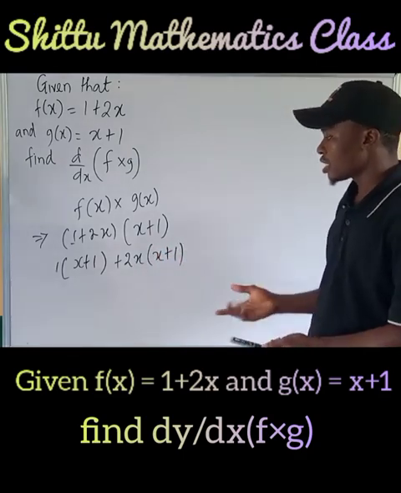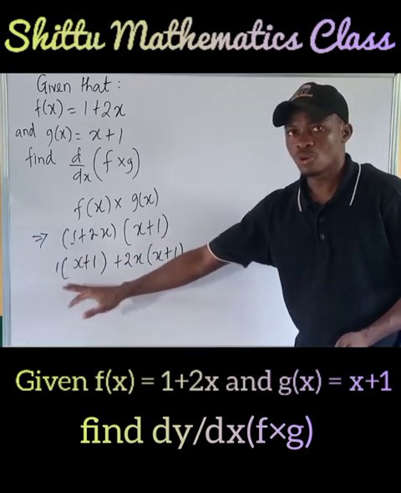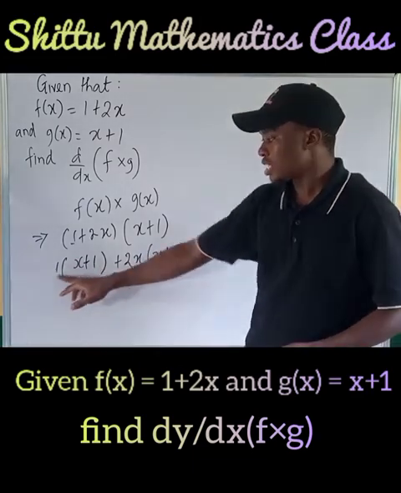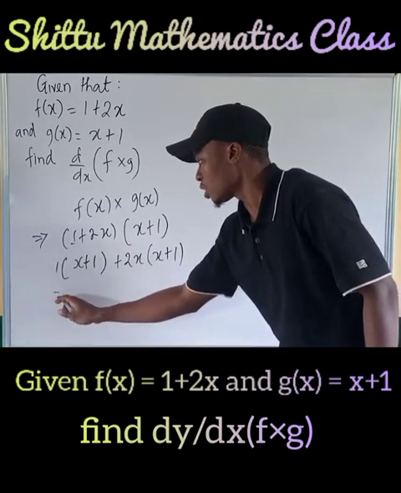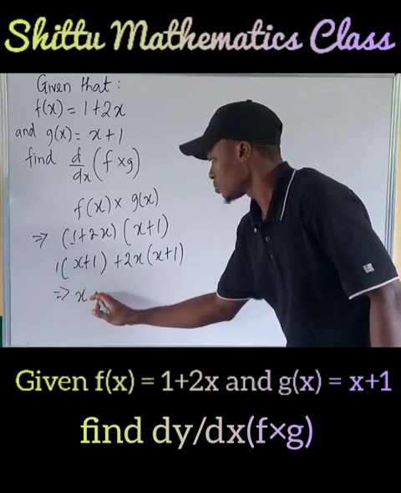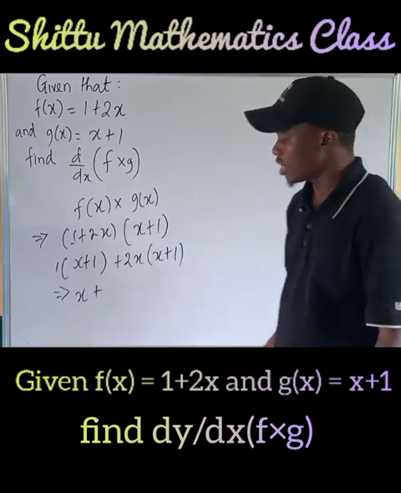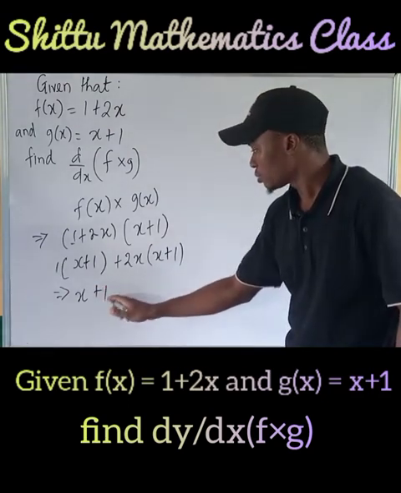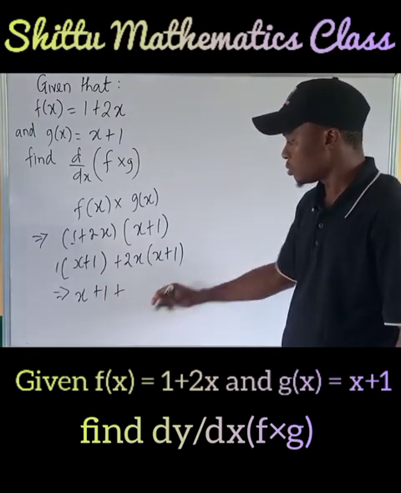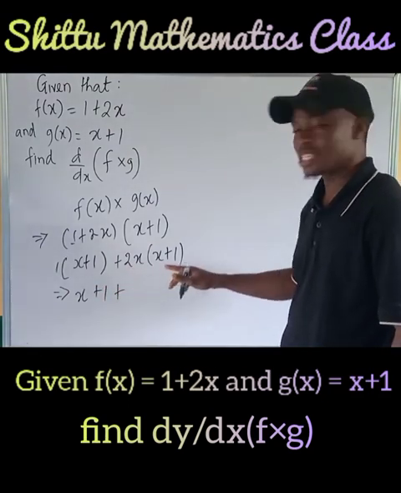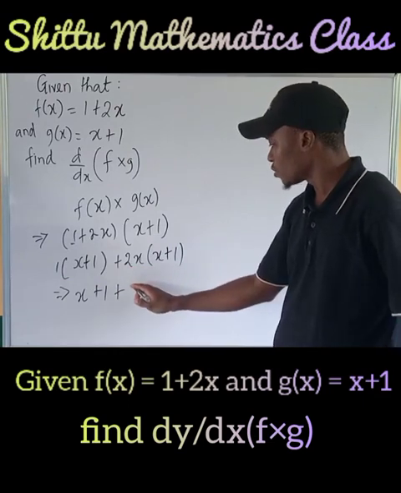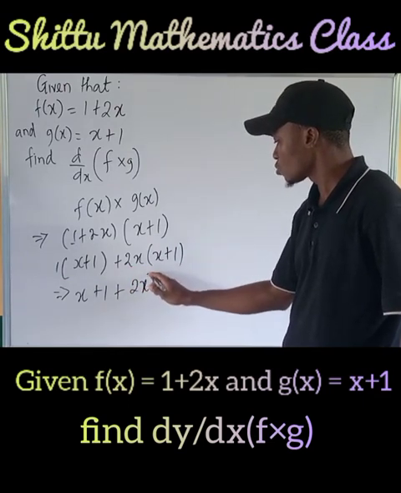So now from here, the next thing is to open the bracket. 1 times x, we are going to have x here, plus 1 times 1, we have 1. Plus, we open the bracket here, 2x times x, we have 2x squared.